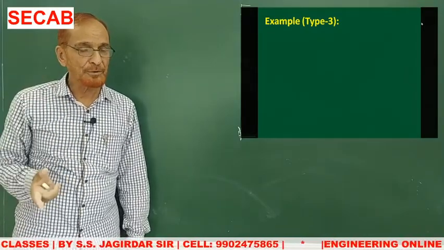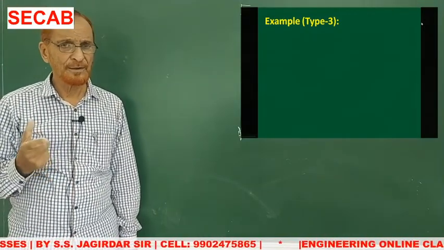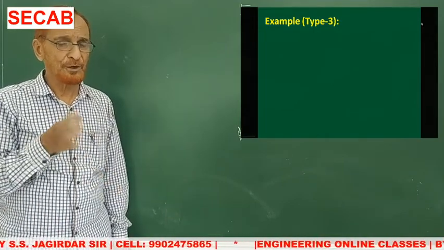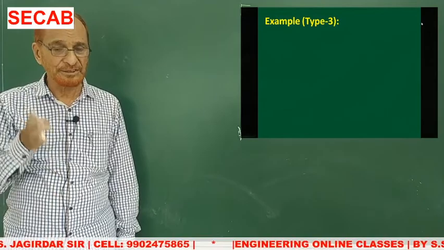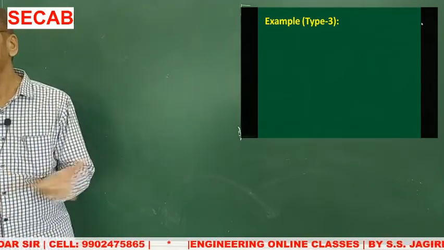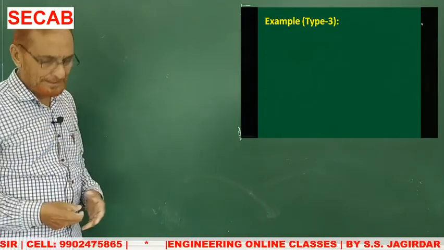But in example 2, you go for the marginal distribution chart, and then you have to see whether the random variables are independent or not. That's what you did. Now type 3.